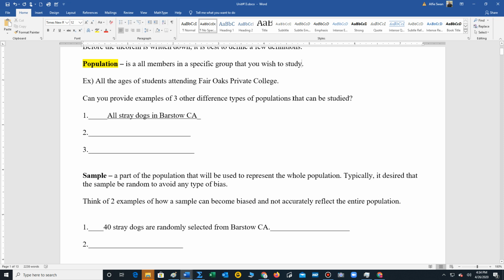We're going to think of three other types of populations that you can study. I'll just work on one of these. One of these can be all the stray dogs in Barstow, California. So that could be a population that someone may want to study.